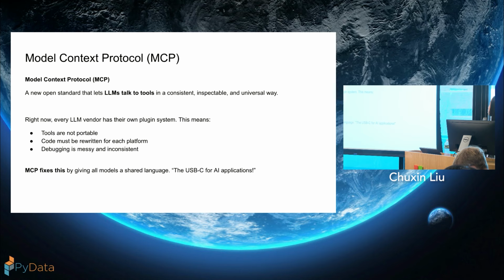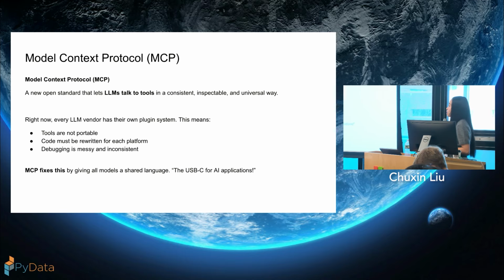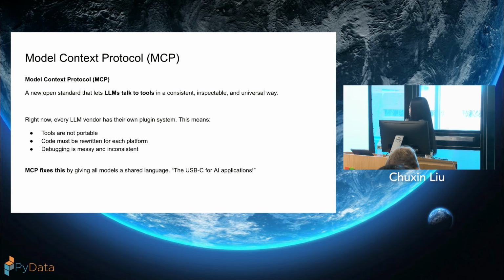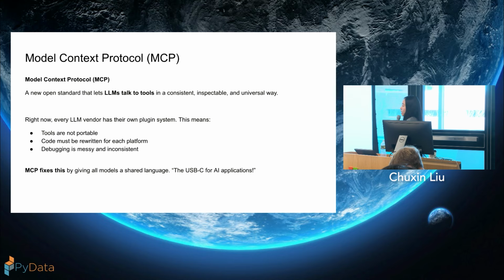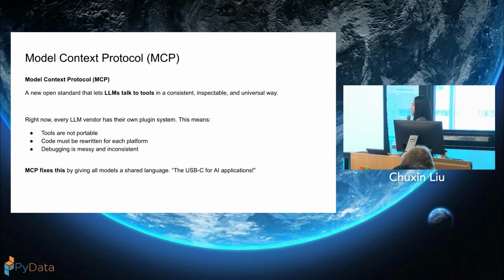Model Context Protocol is something we call the USB-C for all AI applications. It creates an open standard that lets an LLM talk to all of your tools, resources, or prompts in a consistent, inspectable, and universal way.